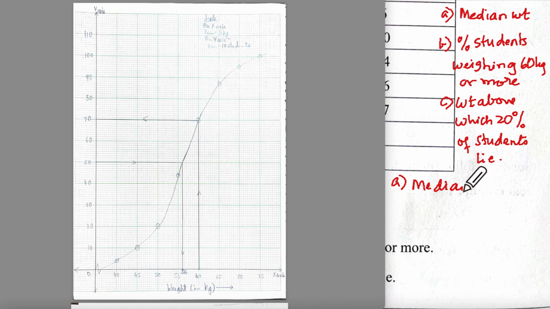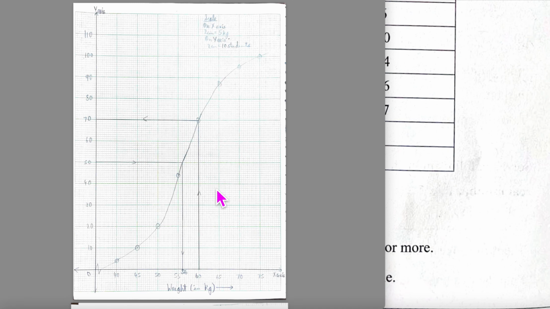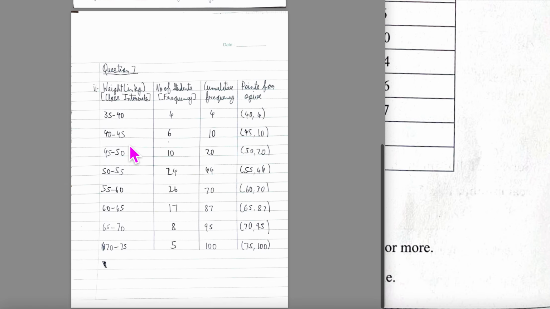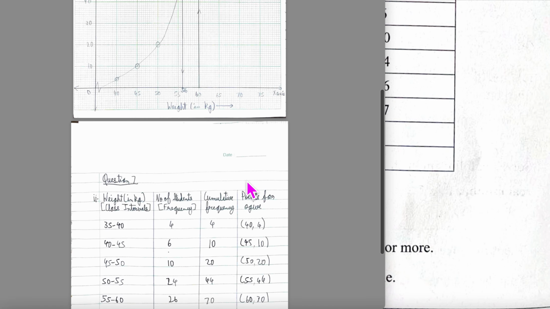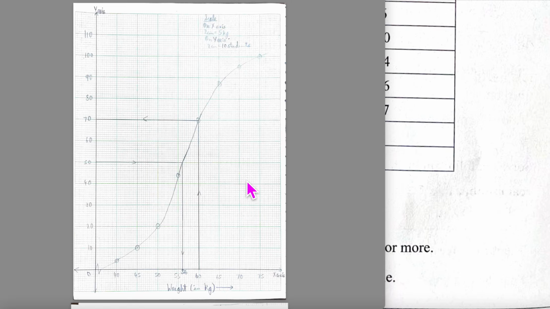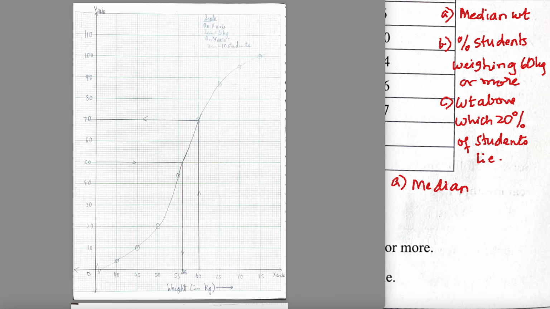Actually, even before plotting, remember this is what we have to make: the weight, number of students, that is frequency, cumulative frequency, and the points to plot. So this should be made ready and kept. Thank you so much for making it ready for me.